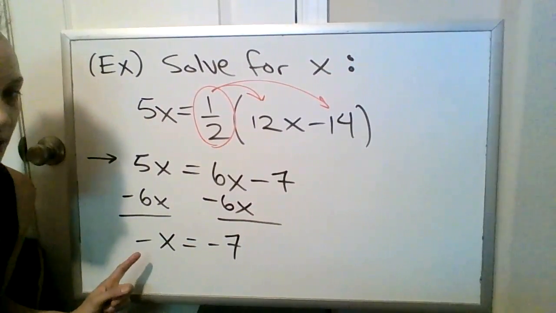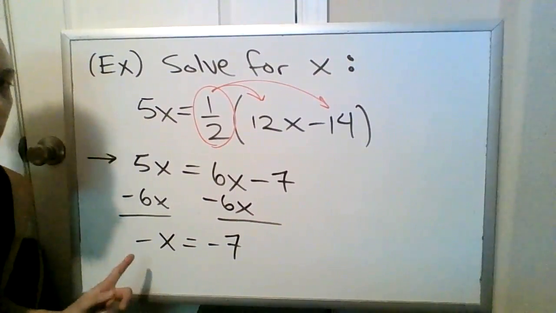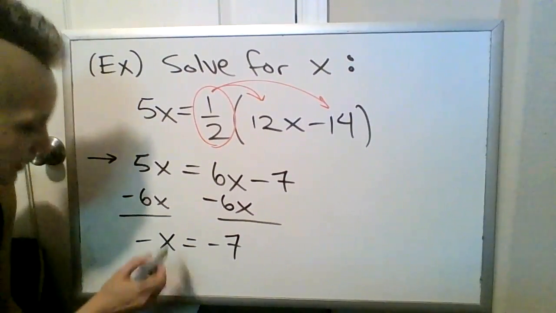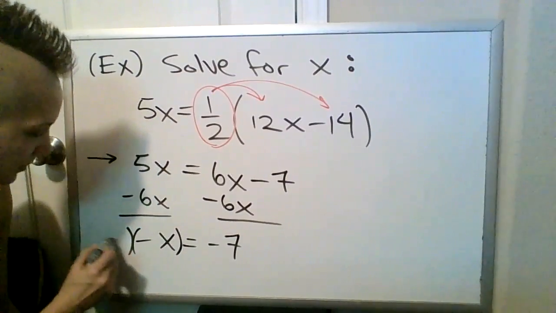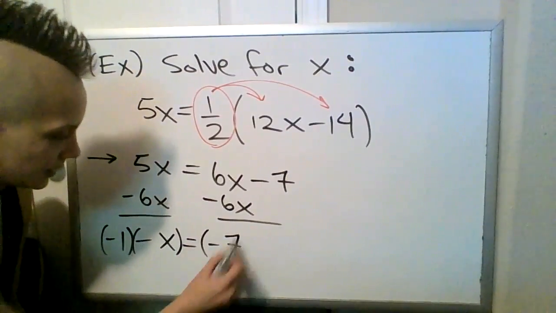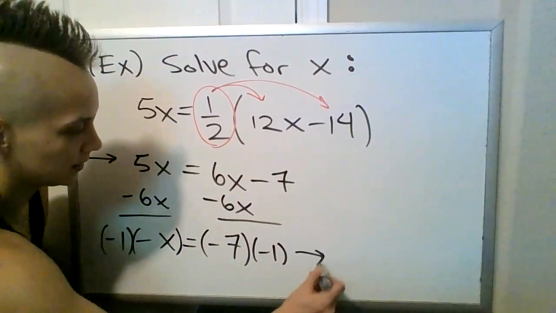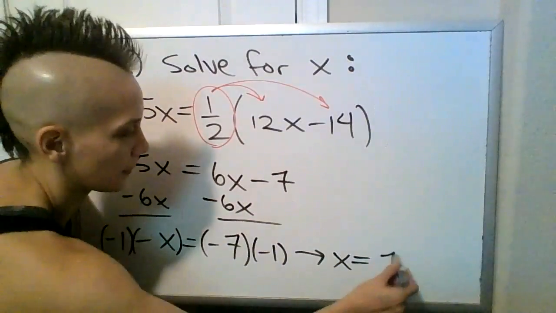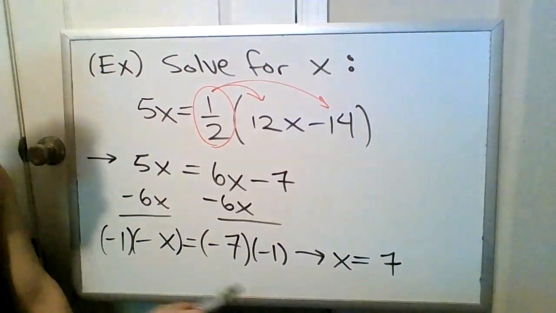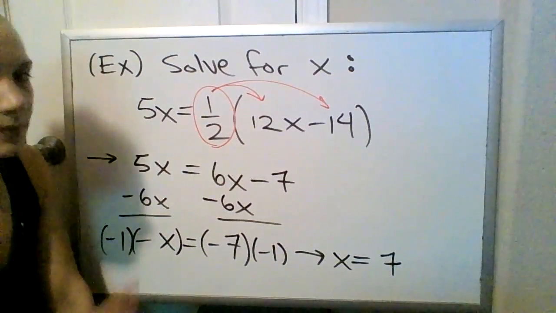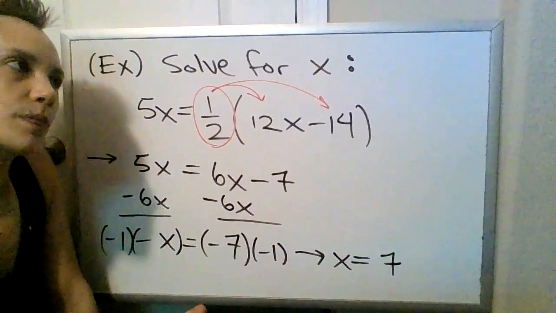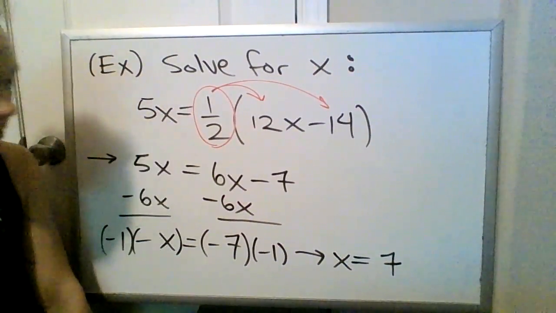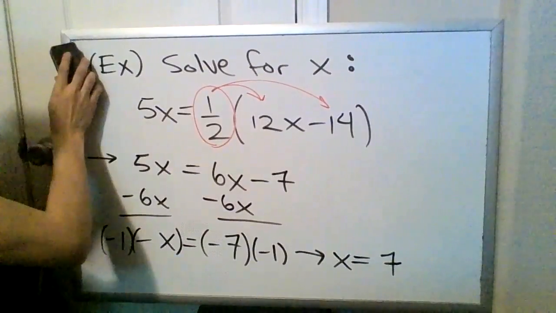So you can take care of this negative sign by multiplying both sides by -1, or you could divide both sides by -1. Either way would get this to a positive x equal to positive 7. Let's go ahead and check it before making a final decision.